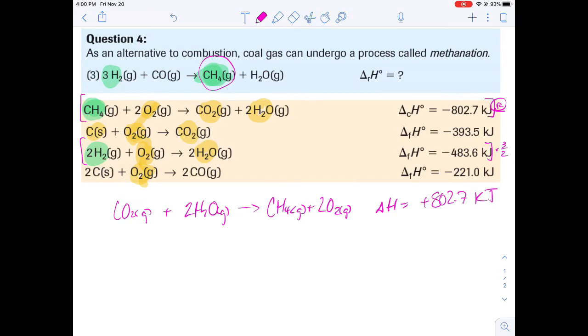So 3 halves times 2 gives me 3 hydrogen plus 3 halves oxygen make 3 water vapor. So my enthalpy for this is still going to be the negative value, but I'm going to take the negative 483.6 and multiply by 3, divide by 2, and I'm going to end up with negative 725.4 kilojoules.